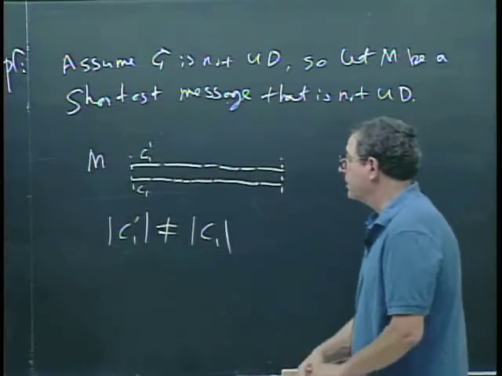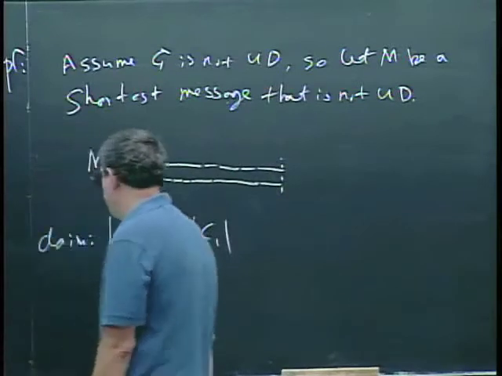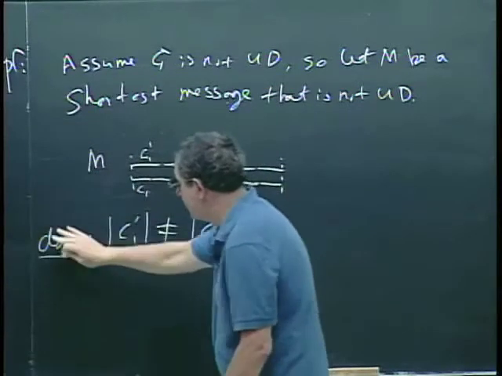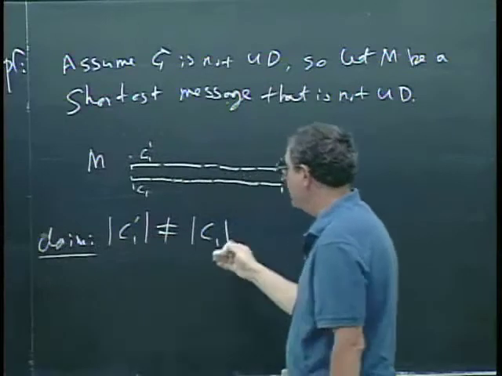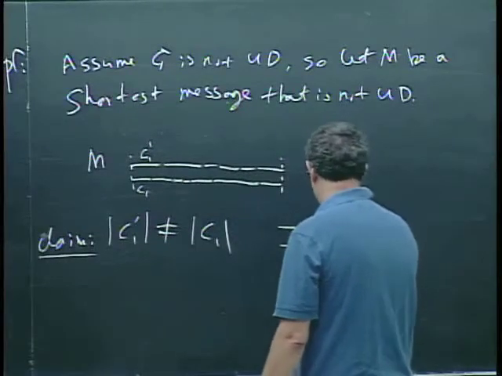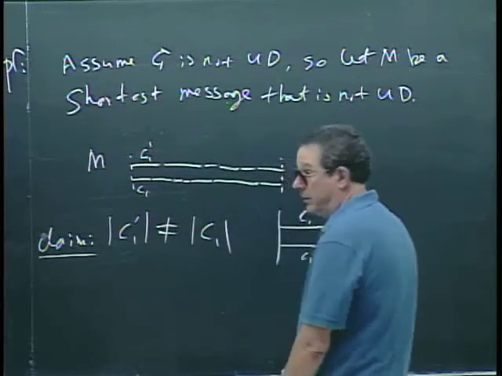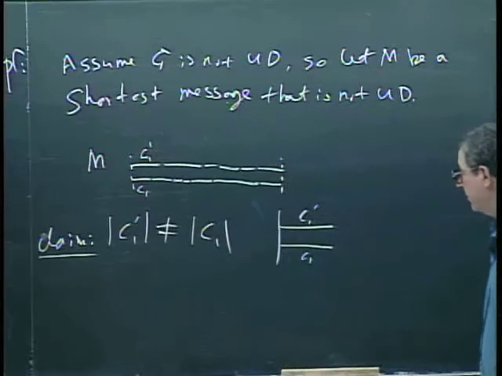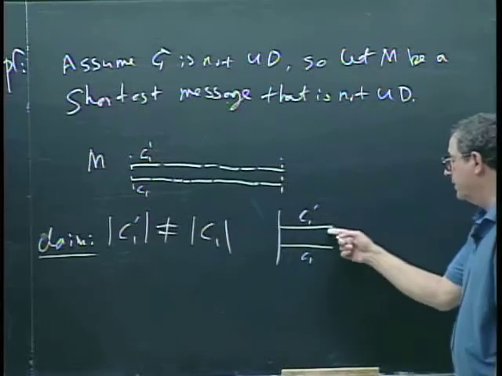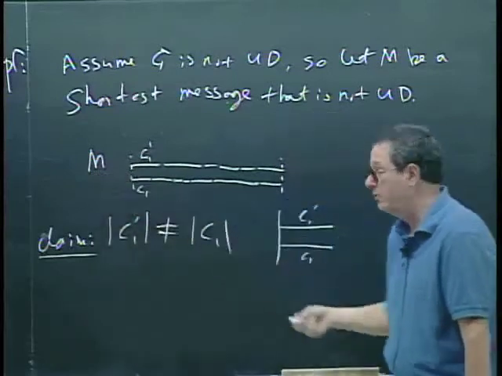All right, so why is that? Because if the two had the same length, so if this was C1 prime and this was C1, here we are at the beginning of the message, if they're both of the same length, then in fact they're equal because both of them are the beginnings of M. So they're two code words of the same length.